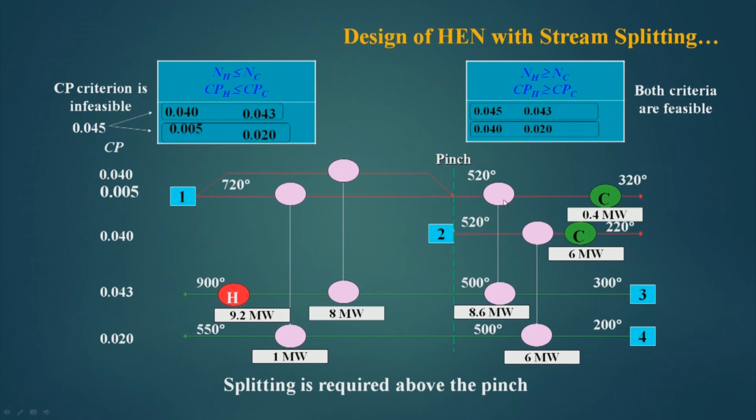This has a capacity to give 9 megawatts. So, 0.4 megawatt will go to cooling water, it has to be cooled down by 0.4 megawatt, and in this case 6 megawatt will go to the cooling water, because no cold stream is available, because these two are ticked off, no cold stream is available to cool it. So, this is the capacity of my cooler. Now, the total capacity is 6.4 megawatt.